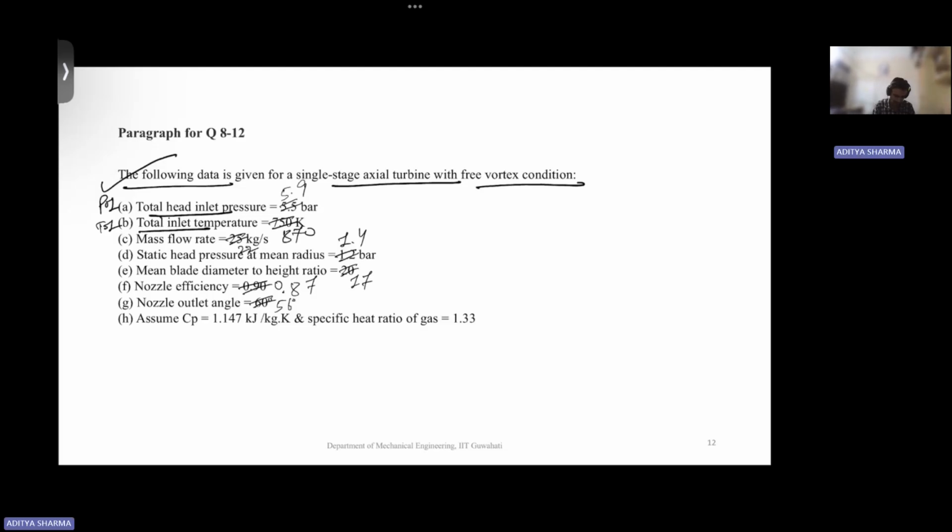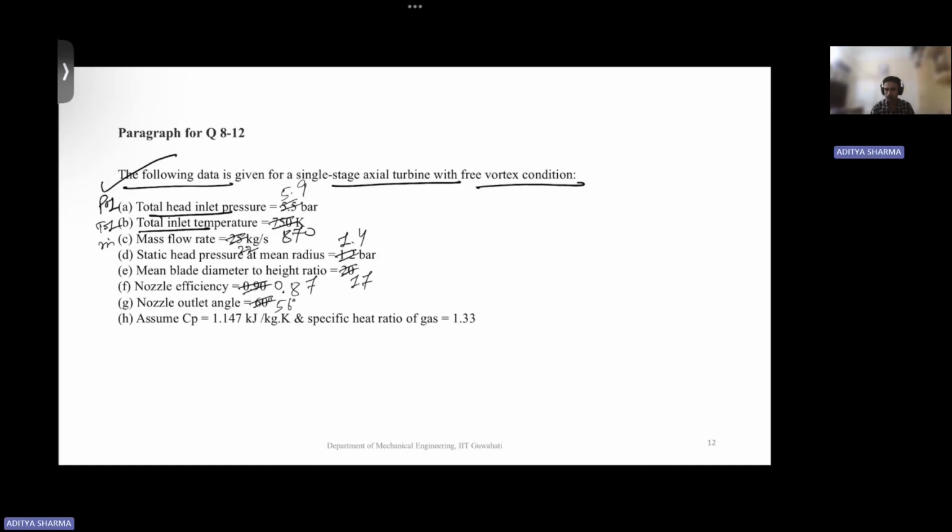Then mass flow rate is given. Static head pressure at mean radius is given, that is 1.4 bar.